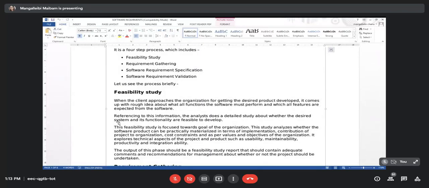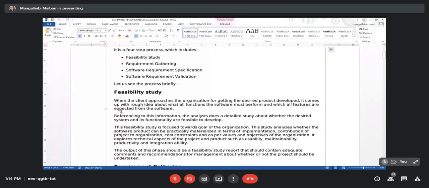Now, feasibility study is normally focused on the goal of the organization. What is the purpose of requirement gathering? It is focused on the goal of the organization, and also on whether we can materialize it practically in terms of implementation, the contribution of the project to the organization, cost constraints, and other objectives of the software.